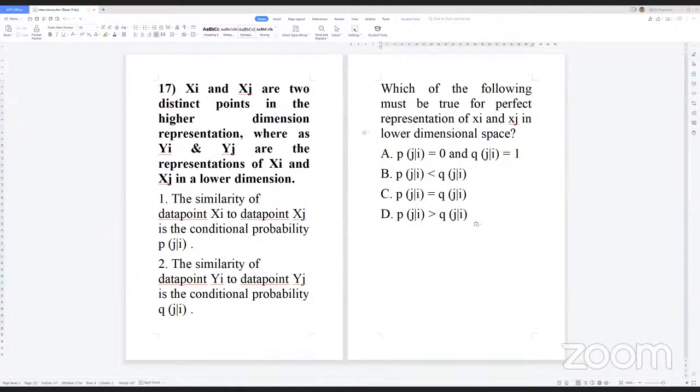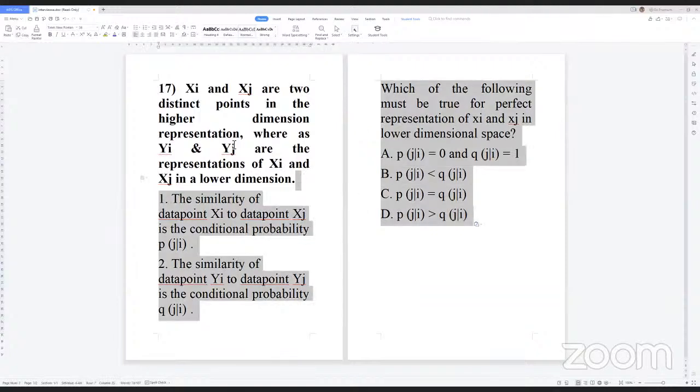And the explanation for this would be the conditional probabilities for similarity of 2 points must be equal because similarity between the points must remain unchanged in both higher and lower dimension for them to be perfect representations. That is the explanation for this.